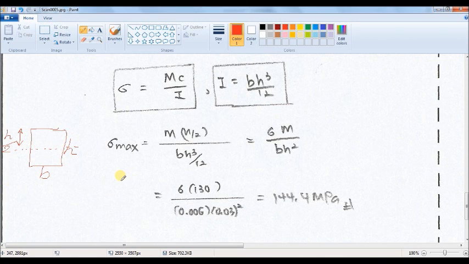Since we are looking for maximum bending stress, or axial stress, that means it shows that maximum stress will happen at the maximum distance, right? That means the bending stress will be maximized at the outer location of the cross section.